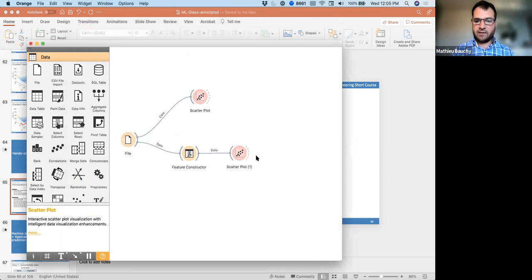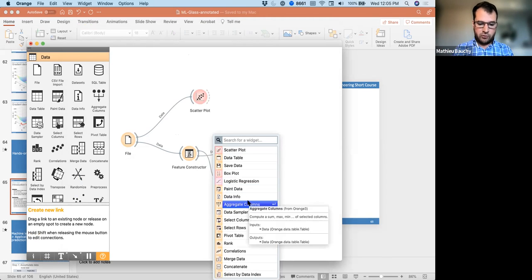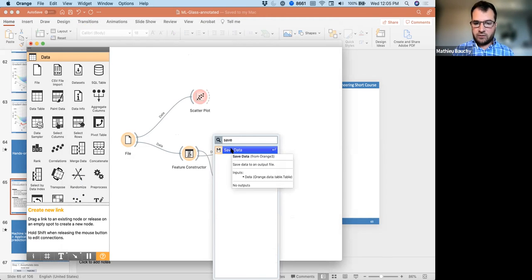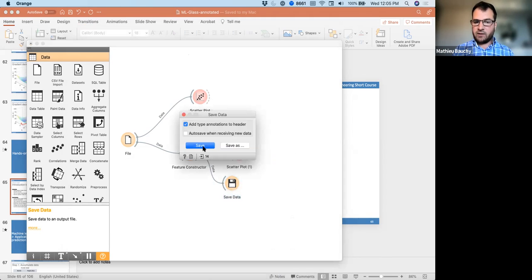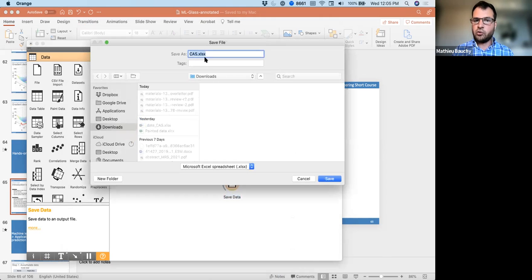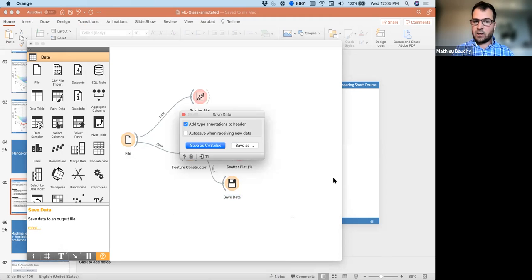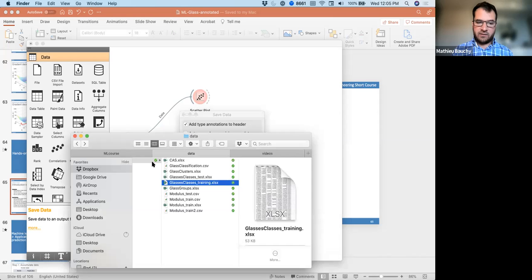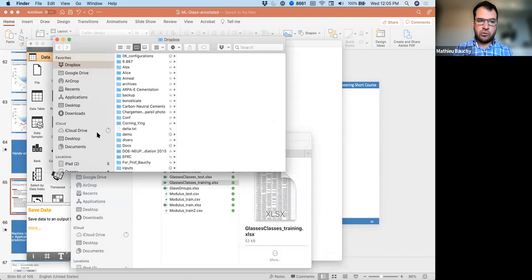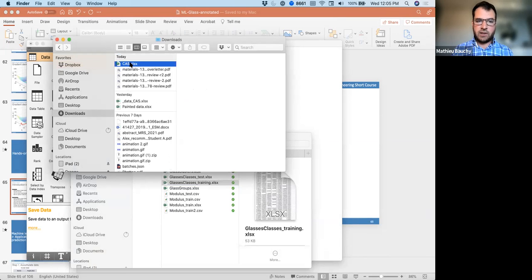Here, for example, at this point, now that you have created these new features, you could save them. You can use the Save Data widget and say, I'm going to save this. What it's going to do is create a new Excel file where you would be able to find the new features that you created.